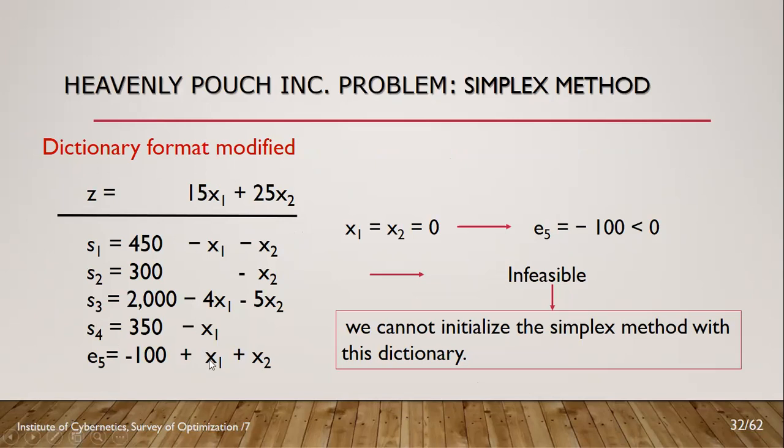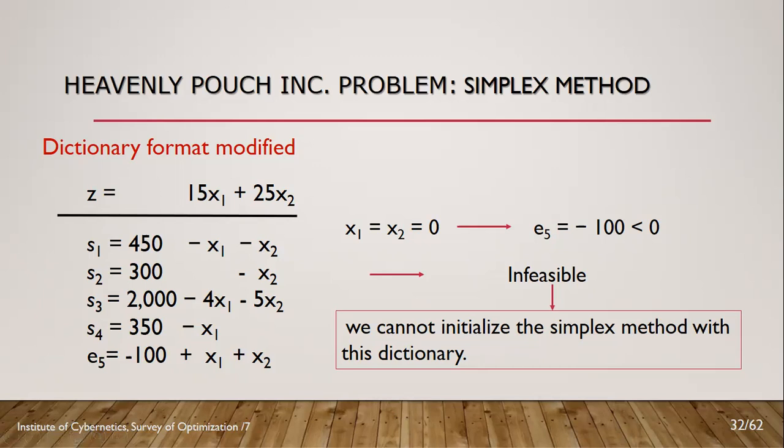If x sub 1 and x sub 2 are equal to 0, then this equation results in negative 100, which is less than 0, which is negative. It means that we come to infeasibility. So if we come to infeasibility, we cannot initialize the simplex method with this dictionary.